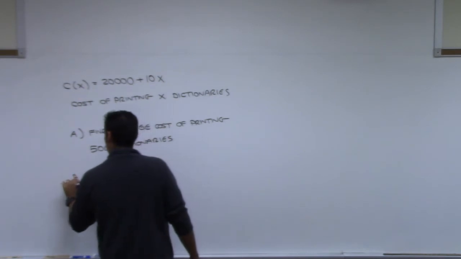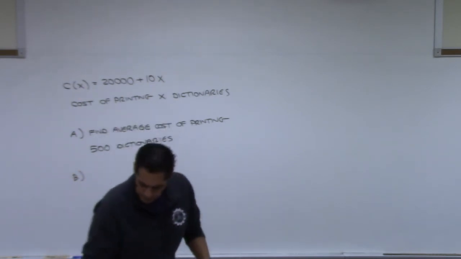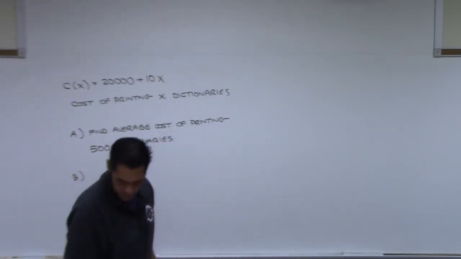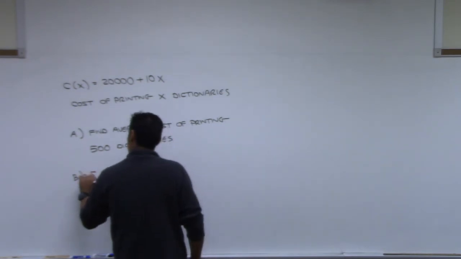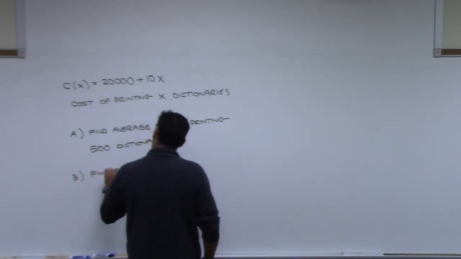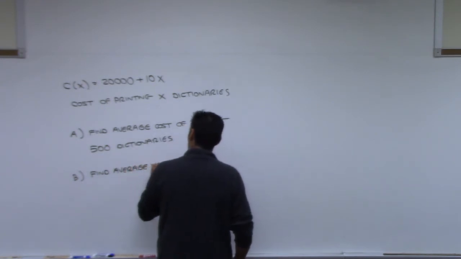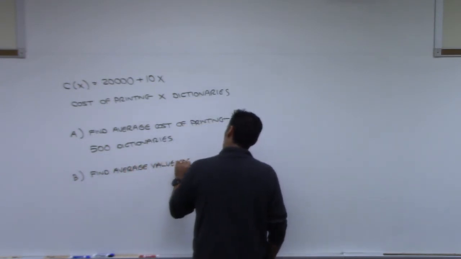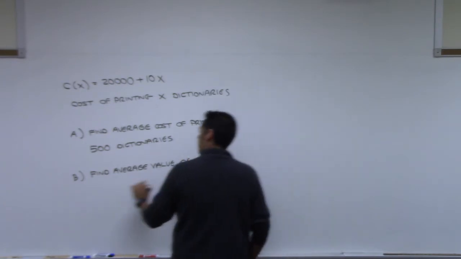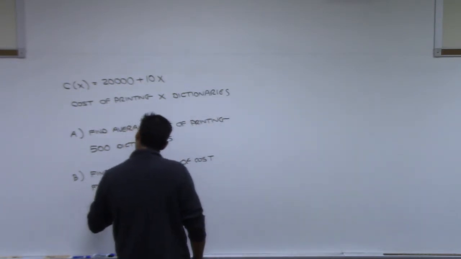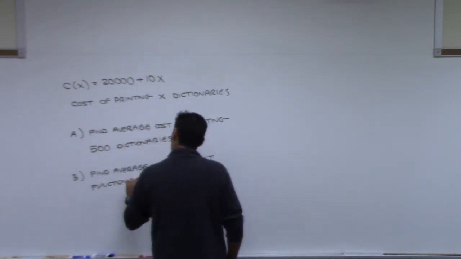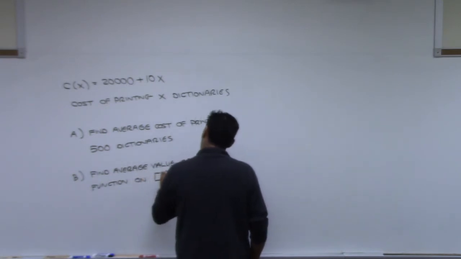Part B, find the average value of the cost function on the interval 0 to 500.